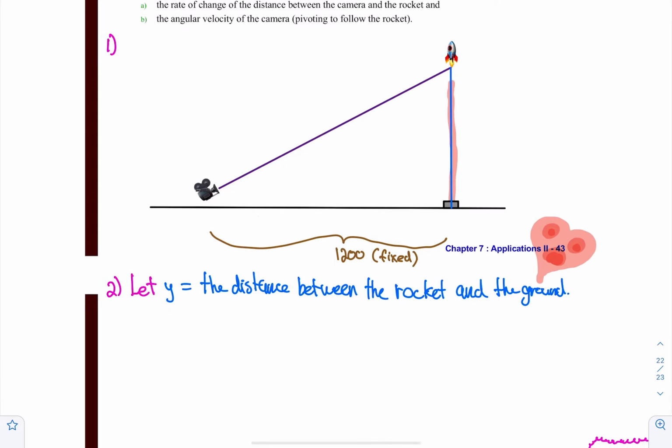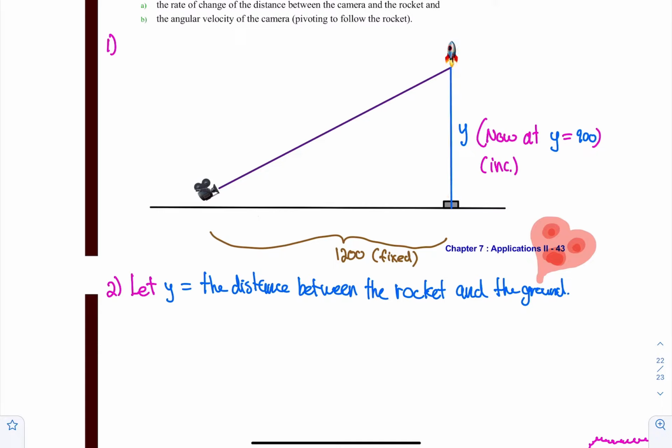Here visually, y would be that blue line. We know right now that y is 900. And of course, that distance is increasing as time goes by. The rocket will be higher and higher.